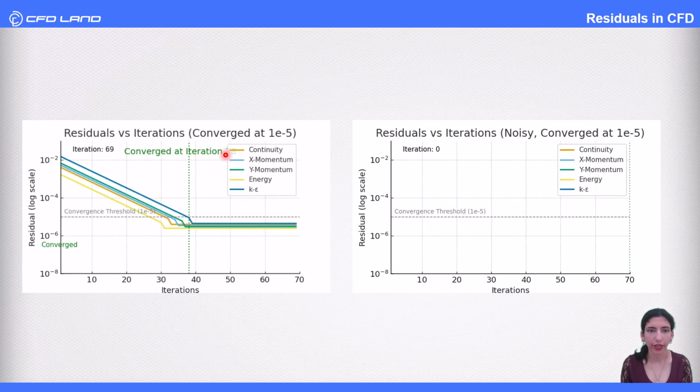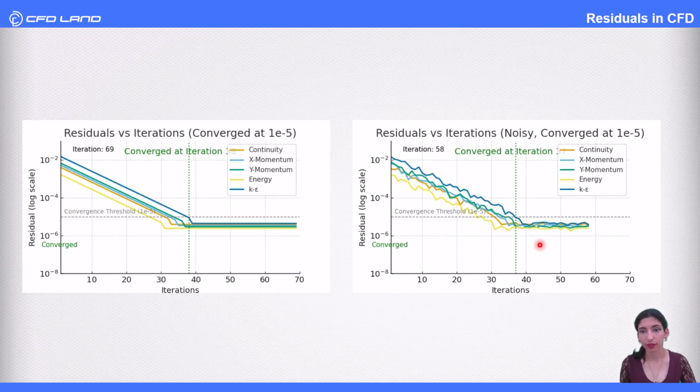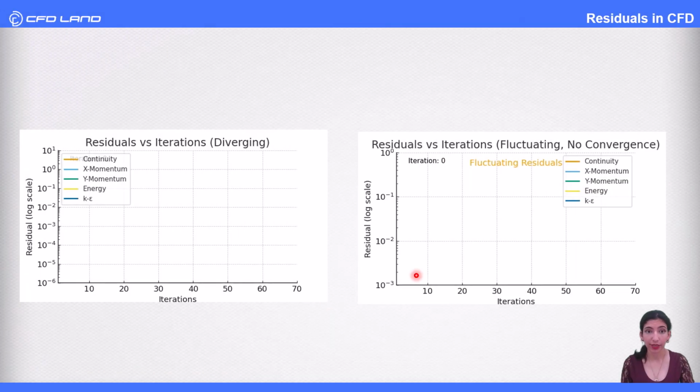And here we are monitoring continuity, x momentum, y momentum, energy, and k epsilon. Now, this is an ideal plot, okay? A more real one has noises. This is more realistic. Now, this is what we are looking for, but sometimes we can get this.